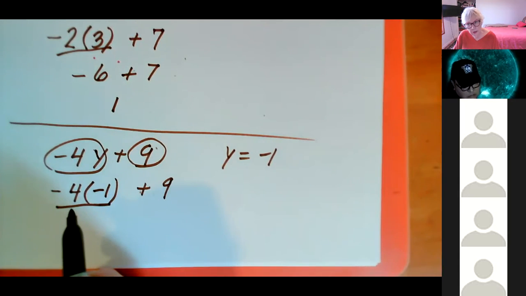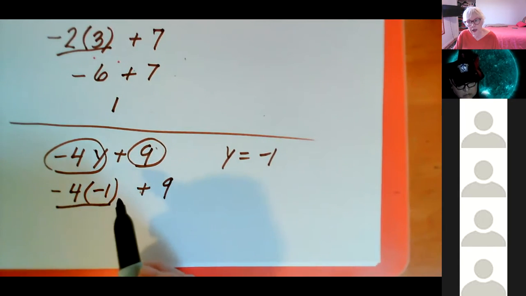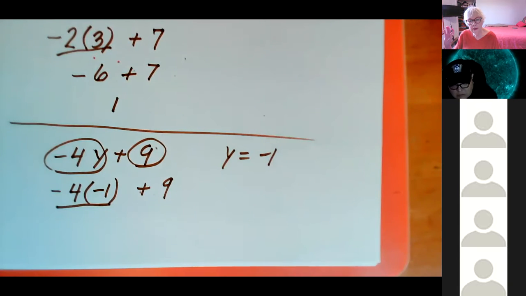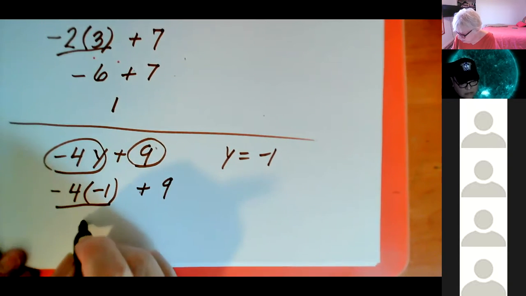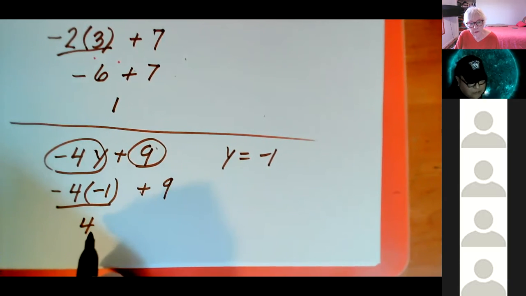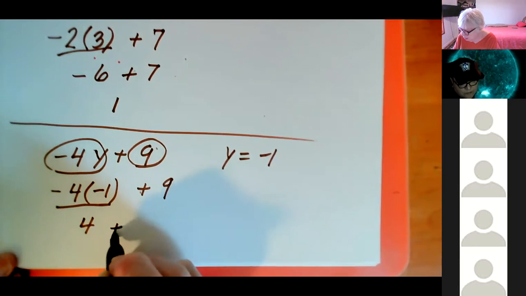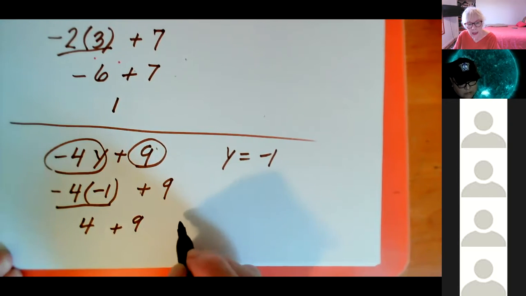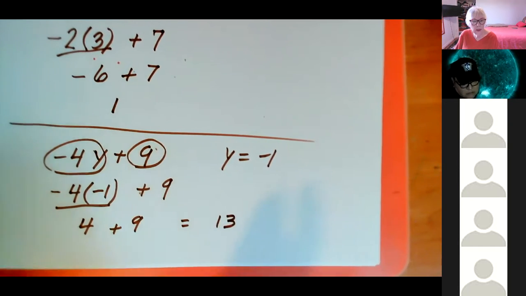A negative, this is reminding you now, a negative times a negative is positive. And if you need to rewrite all of those rules on a single piece of paper, please do. Because that is a 4, then I still have my plus 9 to deal with, and that totals 13. How is that? Okay.